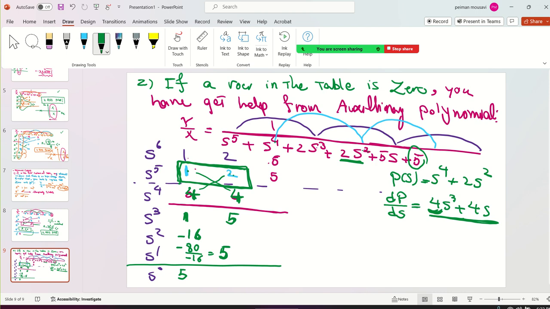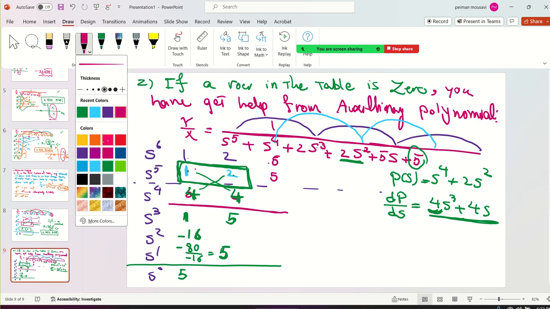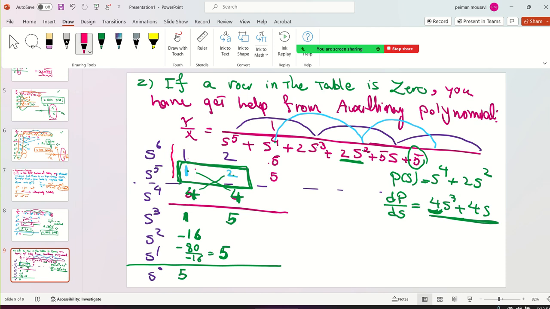So it shows the first column is this. Positive, positive, negative, positive, positive. 1 sign change, 2 sign changes.